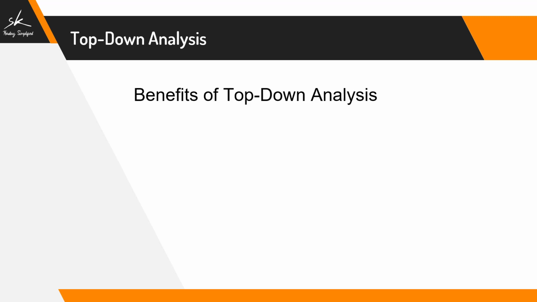Now that we understand the three levels of analysis, let's discuss the benefits of incorporating top-down analysis into your trading strategy. Top-down analysis helps you stay informed about the overall market condition, reducing the risk of being caught off guard by sudden market shifts. This knowledge allows you to make timely adjustments to your trading approach.